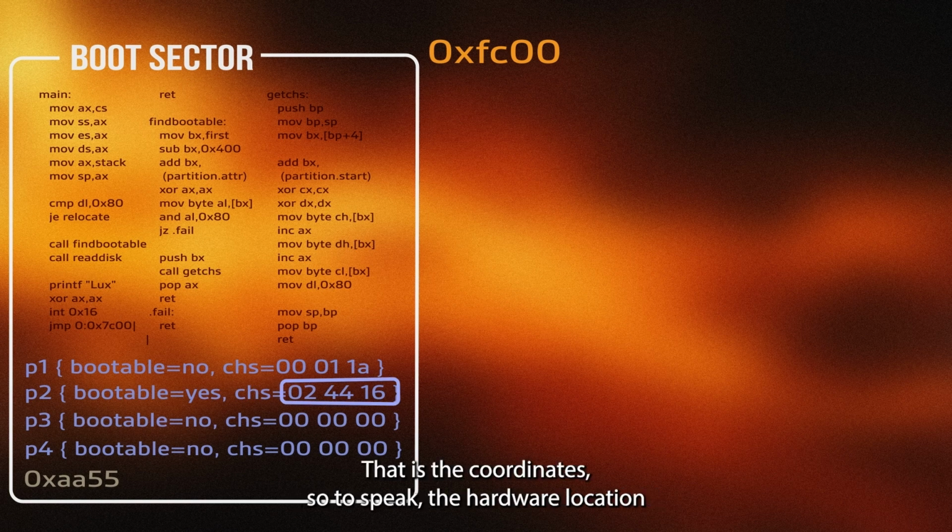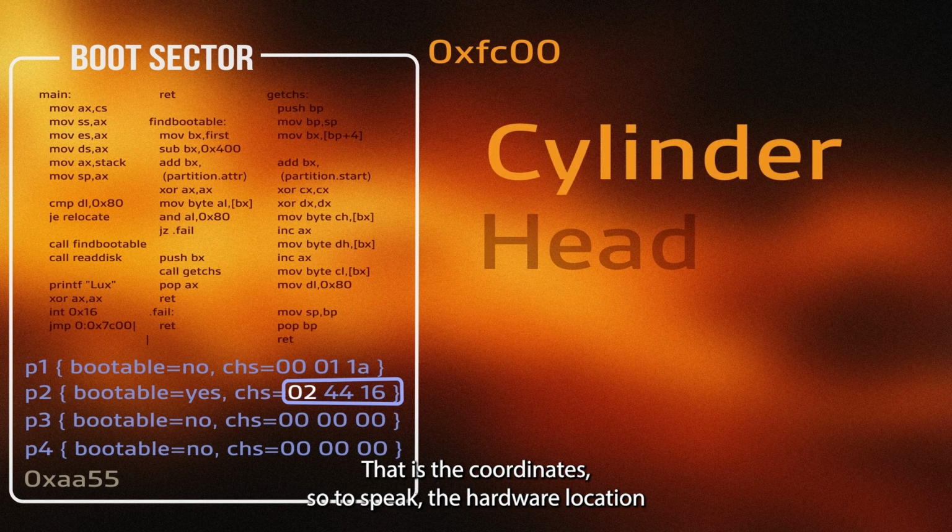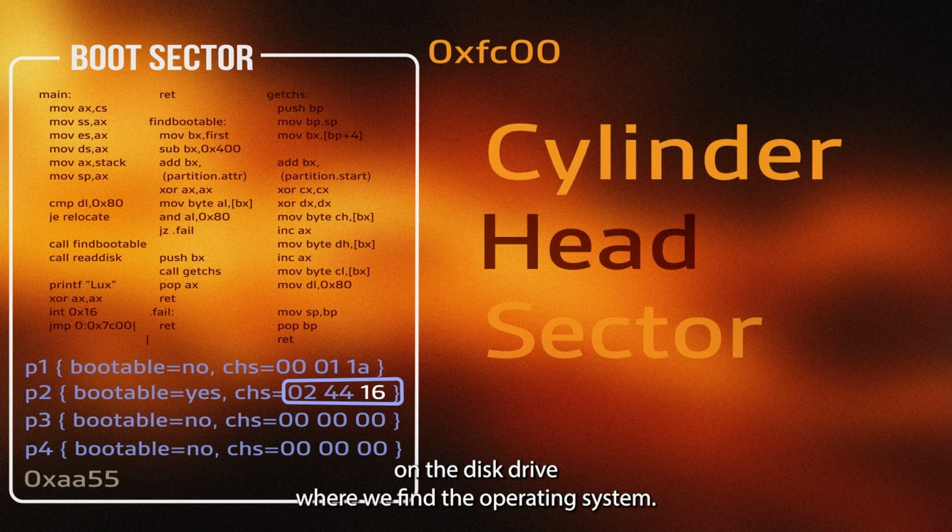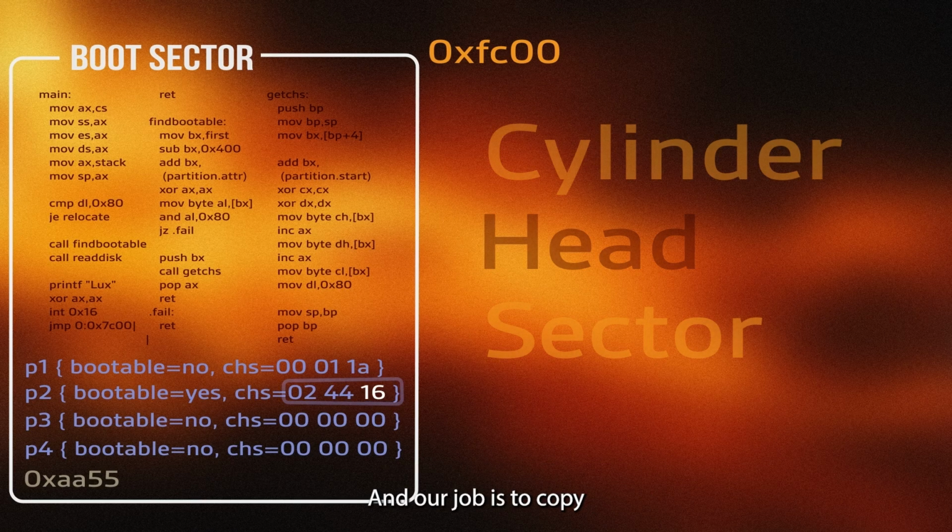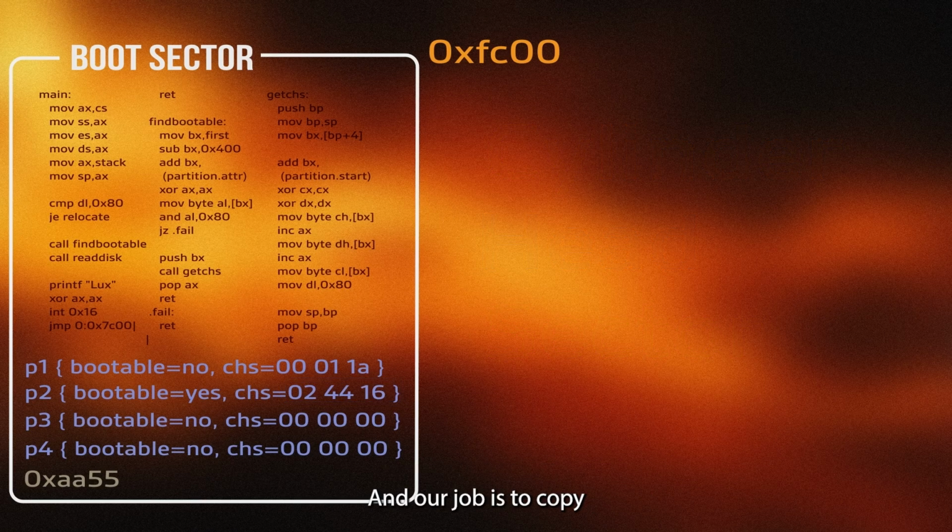That is the coordinates, so to speak, the hardware location on the hard disk drive where we find the operating system. And our job is to copy the first 512 bytes from that location to the memory location 7C00. And then we can boot the operating system. So let's get started.